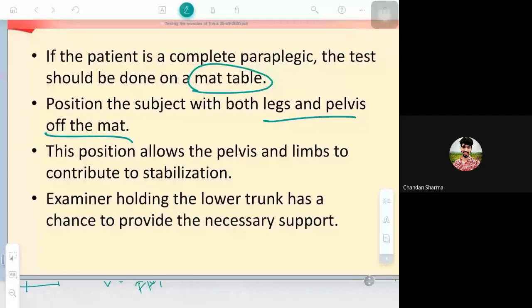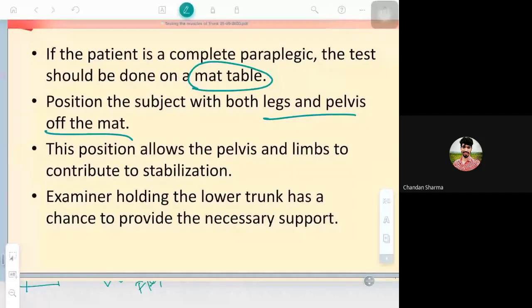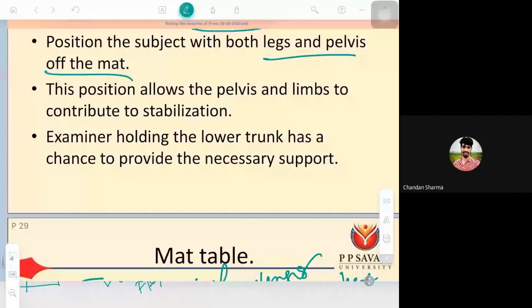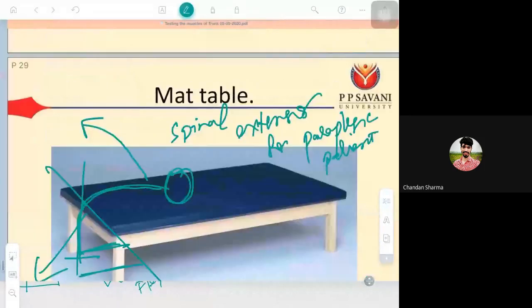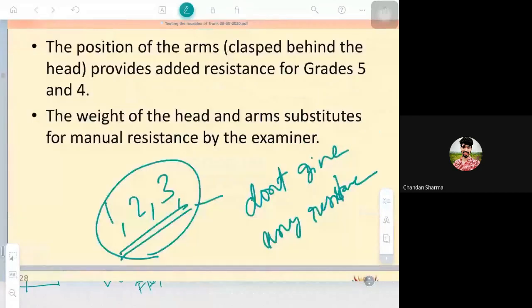The examiner holding the lower trunk has the chance to provide necessary support. So this is the way you have to check the extensor strength in a paraplegic patient.